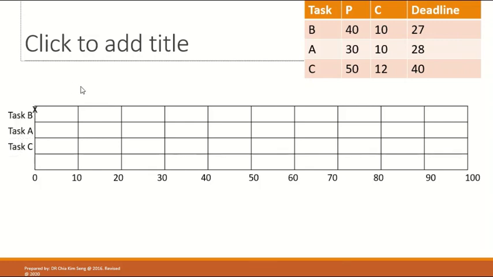Since all the tasks start at time 0, they all start here. Then task B, our period is 40, so it should be here. The next round should be 80 here.